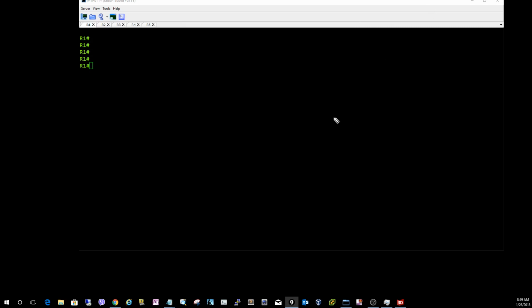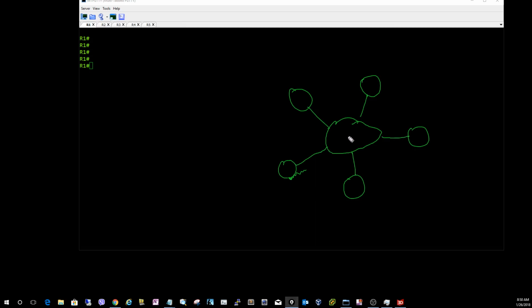All right. So now let me show you first our topology or my lab here. So we have five routers. Okay, we'll pretend that they're all connected to the internet or to the interweb. This looks like an avocado, but it's color.